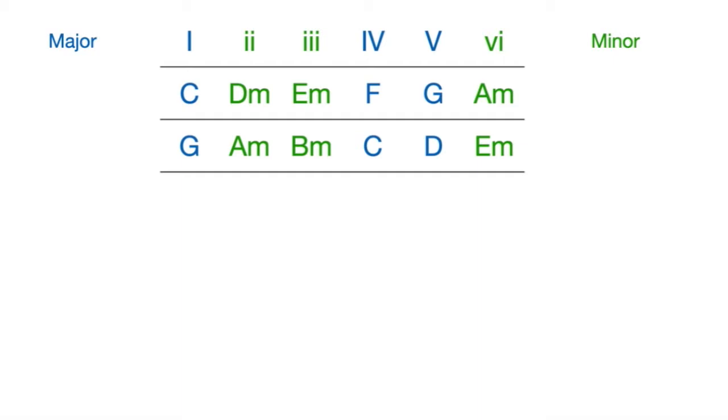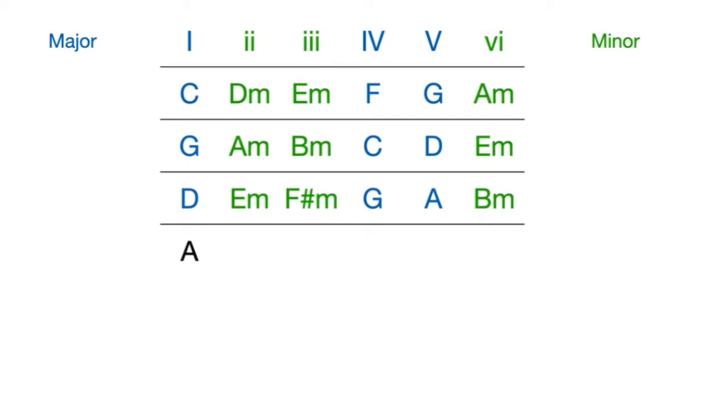So just quickly, I'll look at all the common ones. Key of D, the notes will be D, E, F sharp, G, A, and B. So the major chords will be D, G, and A. And the minor chords will be E minor, F sharp minor, and B minor.